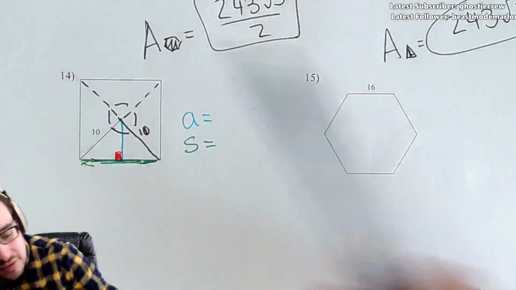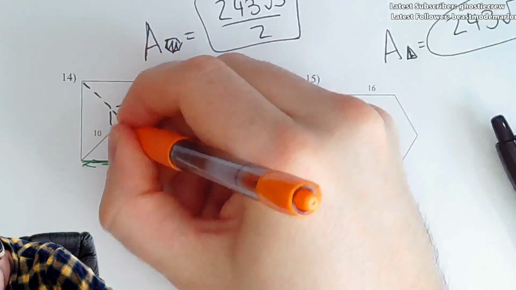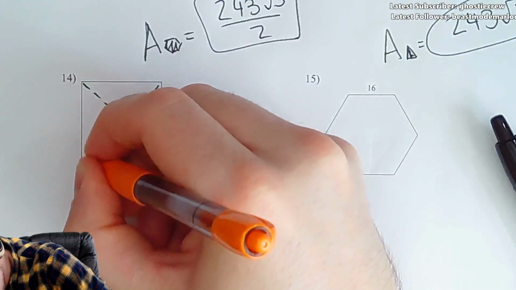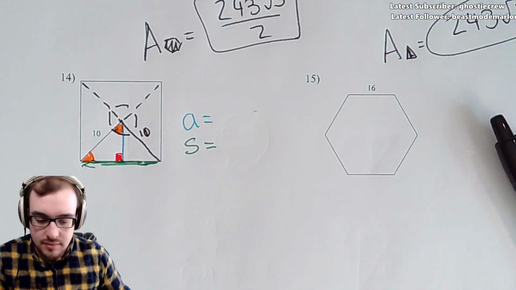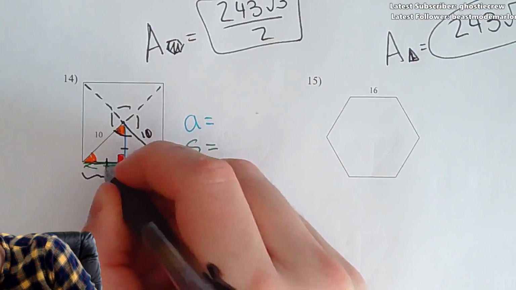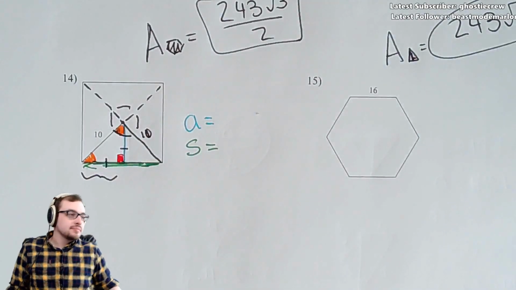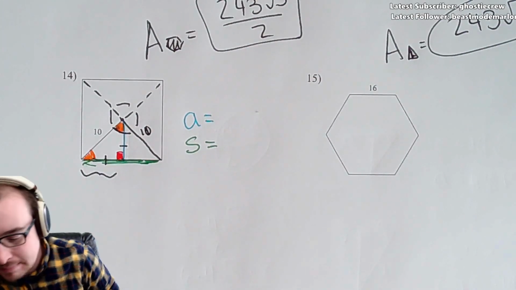Half of that is 45. So it turns out this is a 45-degree angle, and that's a 45-degree angle. So this bit right here will be the same amount as this bit here. It's an isosceles right triangle. So A and half of our S will be the same number.